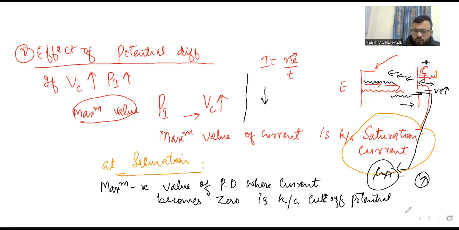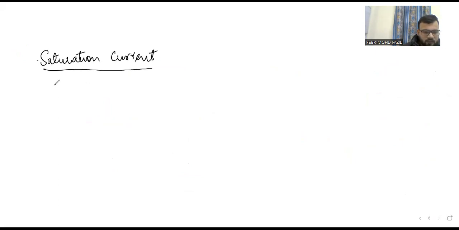Cutoff voltage, stopping potential, you understood: that is the maximum negative value. Because I was increasing the negative value of the plate, it was repelling the electrons, they were not able to reach there, and the current becomes zero. So we understood two things. One is saturation current, and the other is cutoff potential, or stopping voltage.